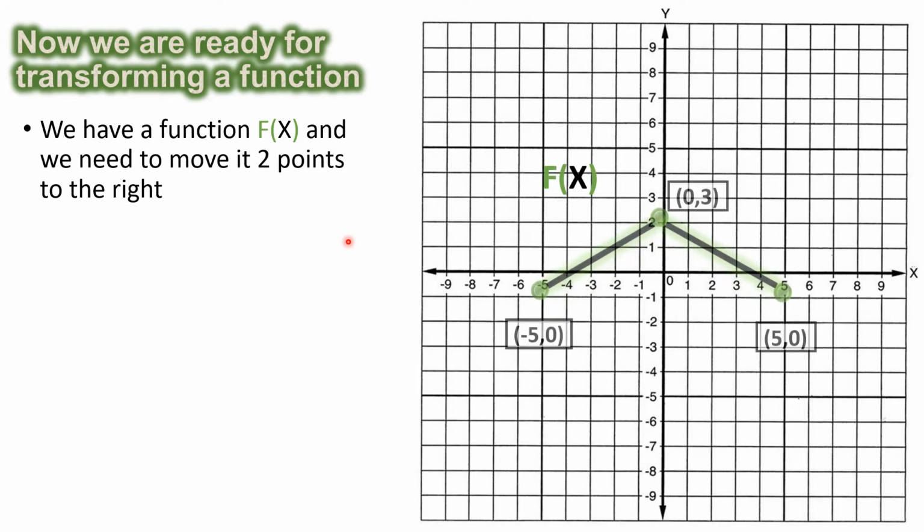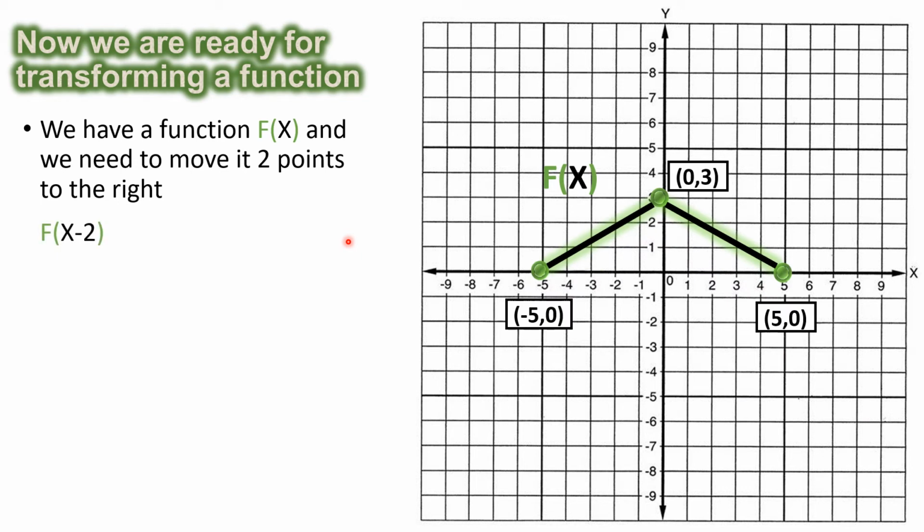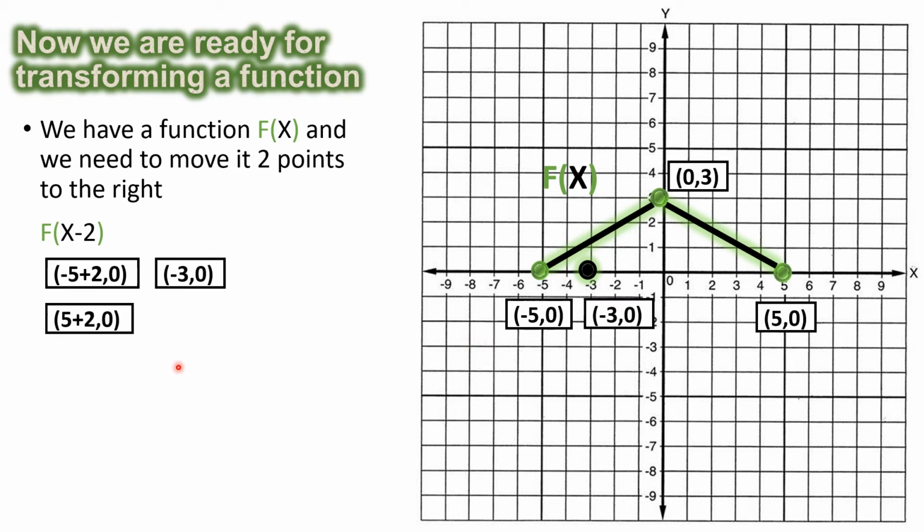Now we are ready for transforming functions. We have a function f of x, and we need to move it 2 points to the right. This is f of x, so it will be f of x minus 2. The first point, negative 5 plus 2, will be negative 3 and 0. So the new point will be here. Next point, 5 and 0.